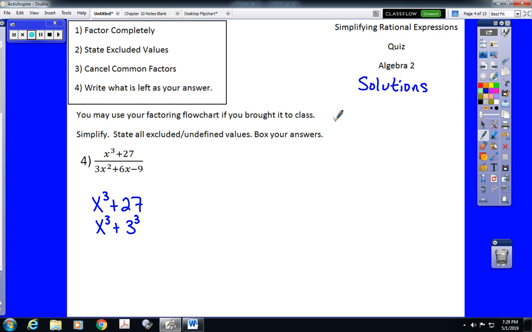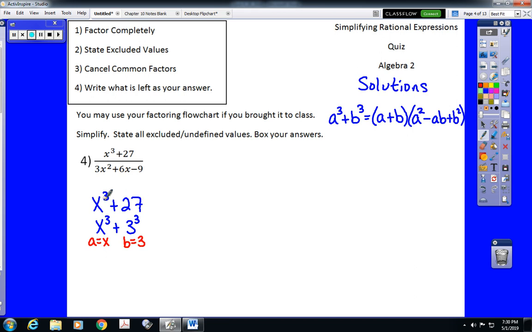So our rule says that if we have a sum of two perfect cubes, that factors into the cube root of the first times the cube root of the second, or a plus b, times a squared minus ab plus b squared. So in this particular case, if we're following that pattern, we have an a value of x and a b value of 3.